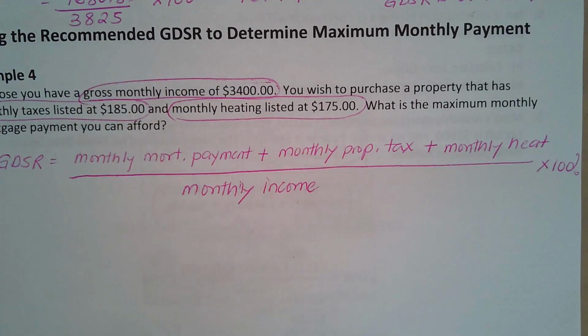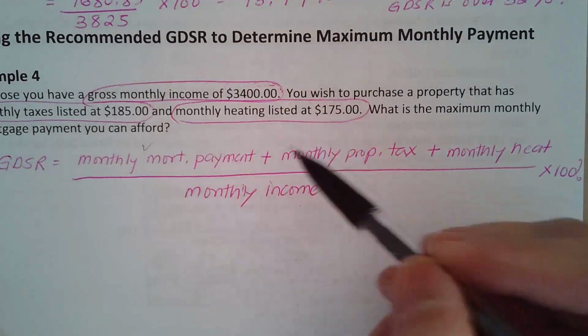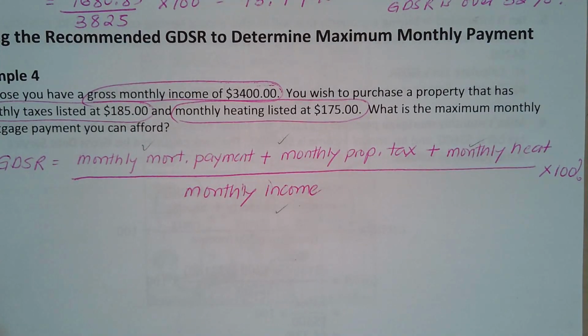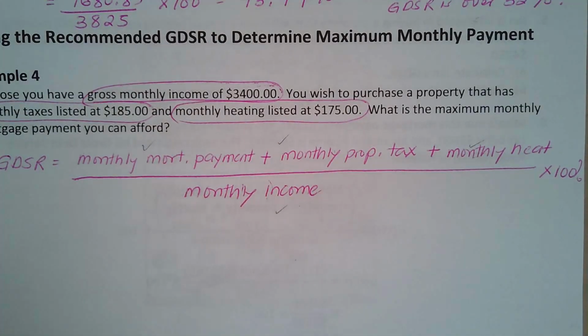So what do we know before we figure it out? Previously, like in the previous question, this is given, this is given, this is given, this is given, and then we figure out GDSR, right? That was our lesson yesterday. So we got this, and this.